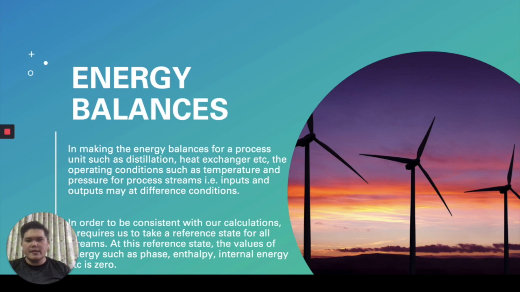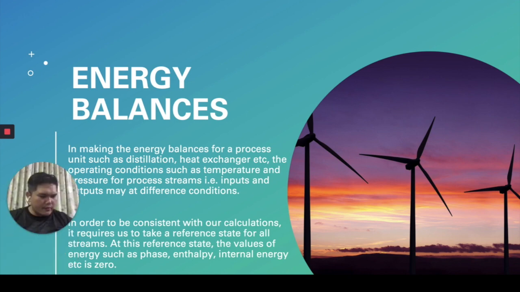We need to be consistent with our calculation, which requires us to take what we call a reference state. So what do we need to know about this reference state? The values of energy such as enthalpy and internal energy, we reset at 0.